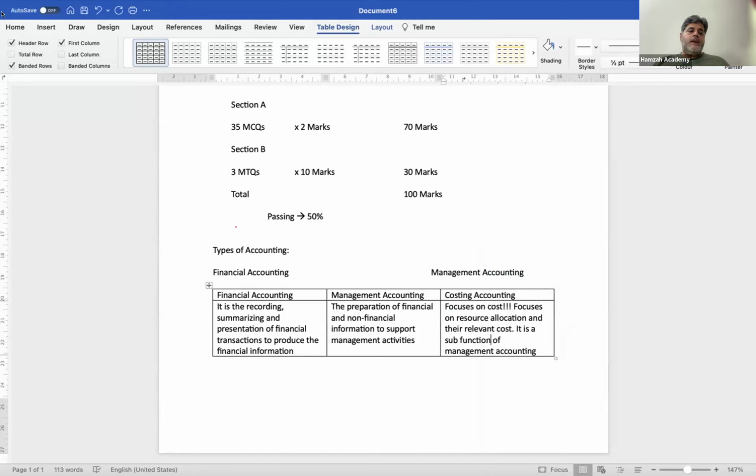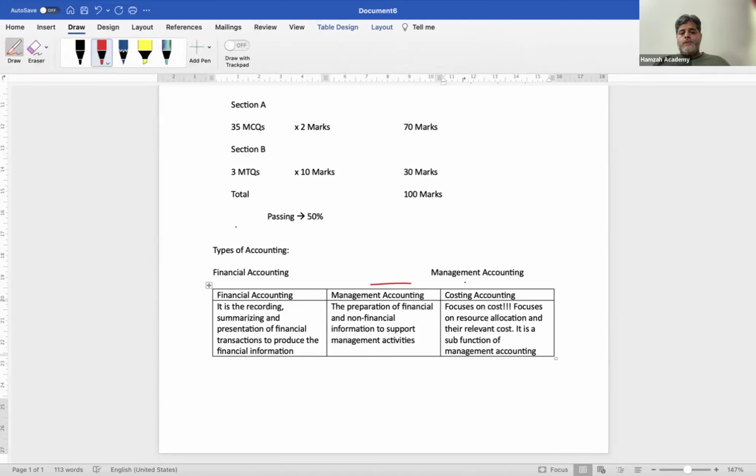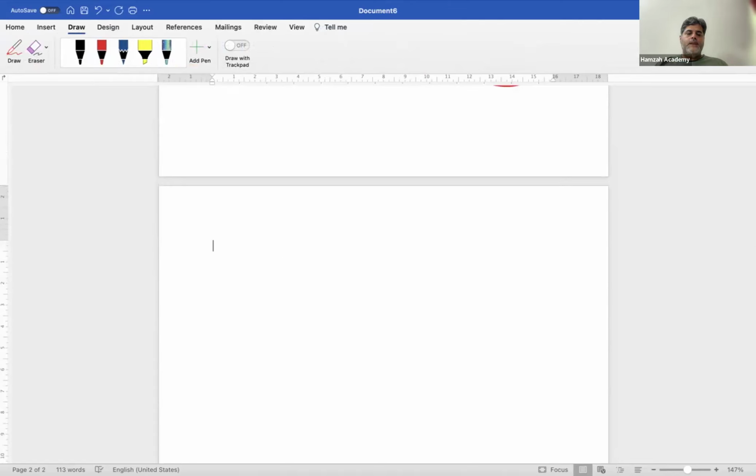So management accounting and cost accounting go hand in hand. Cost accounting is a sub function of management accounting, right?